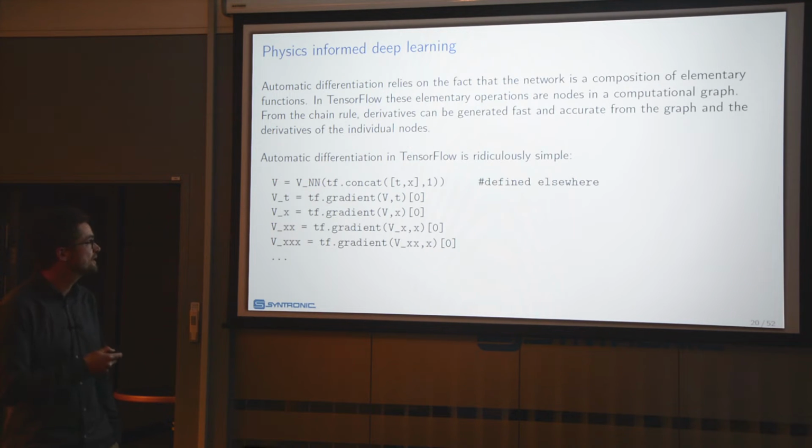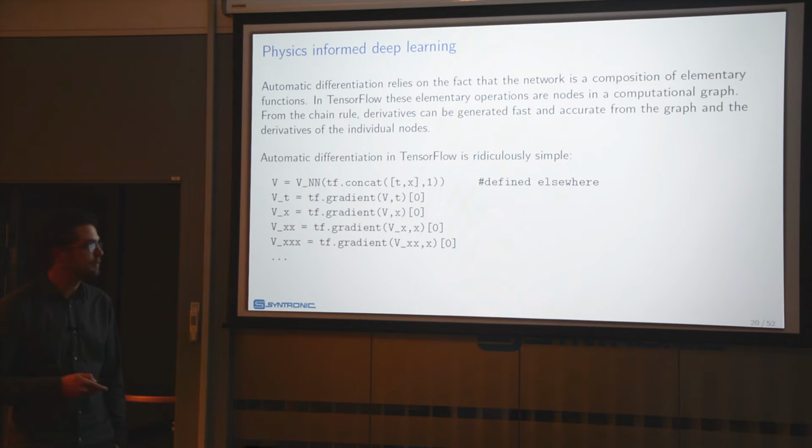So if V is just some neural network defined somewhere, and we concatenate the time and x, and then you can just take the time gradient and the x gradient, then we have vt and vx, and vxx is just the gradient of vx and so on.